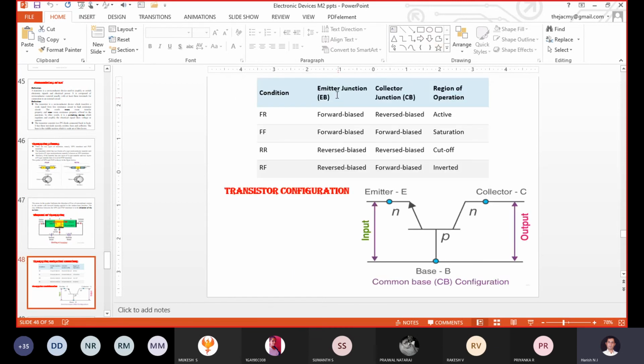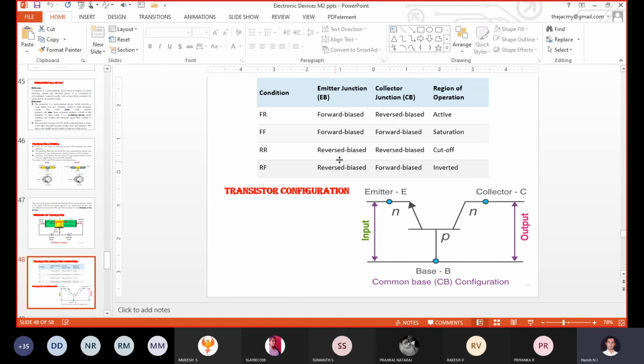Correct. So when the JE junction becomes forward bias, the JC junction becomes reverse bias. I will repeat once again. JE is forward bias, JC is reverse bias. That kind of operation we call the active mode of operation of a transistor.